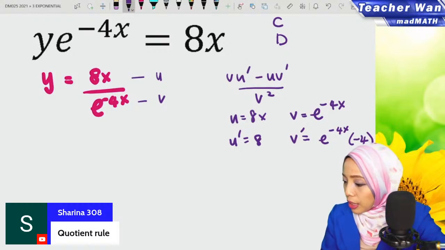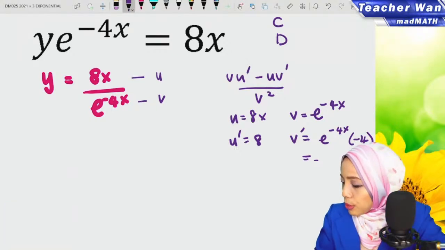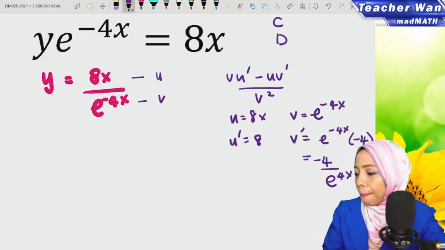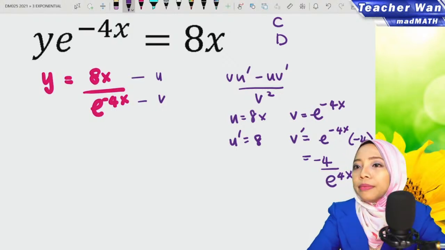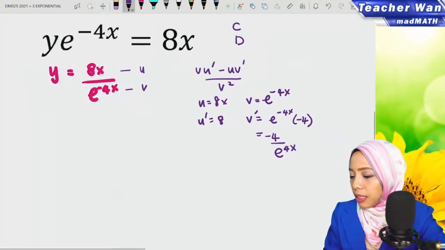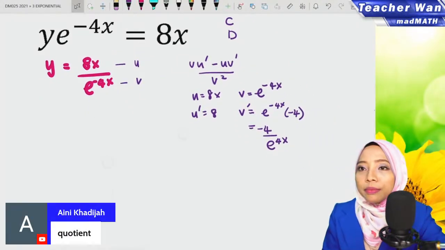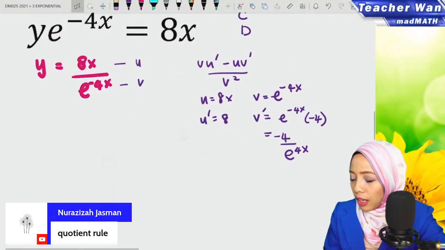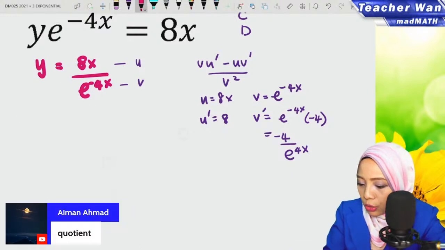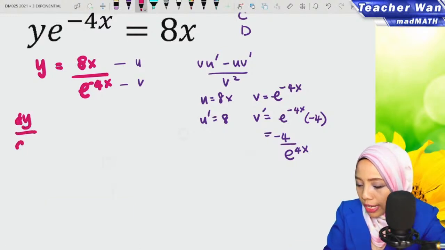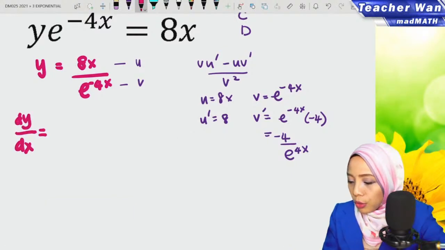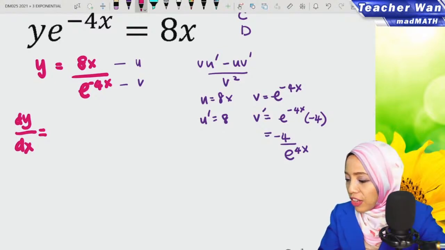Good. Okay, so now when you arrange, it equals this. So now we're going to continue. dy over dx equals v u prime.